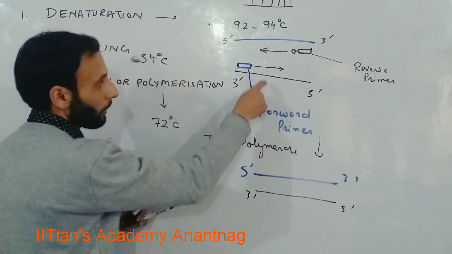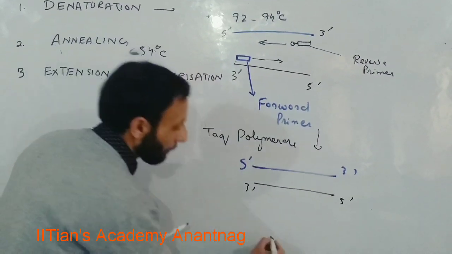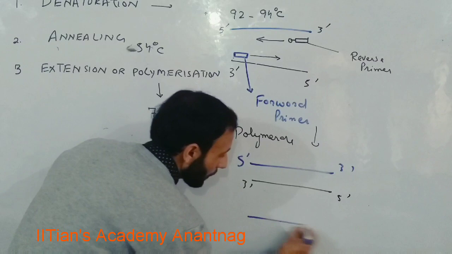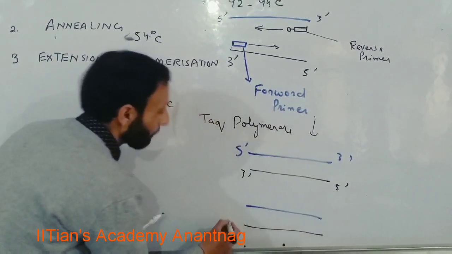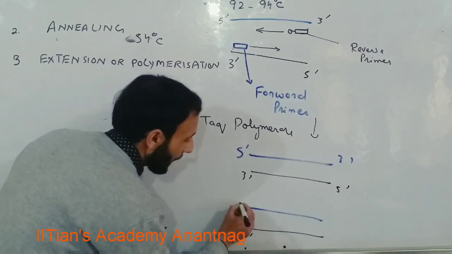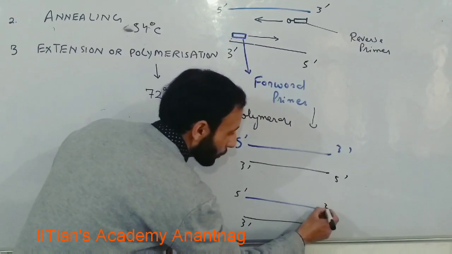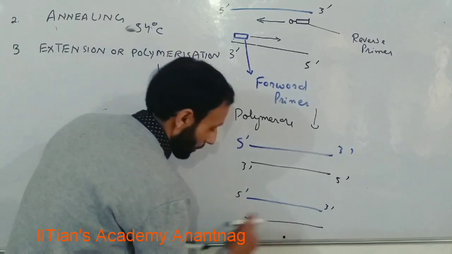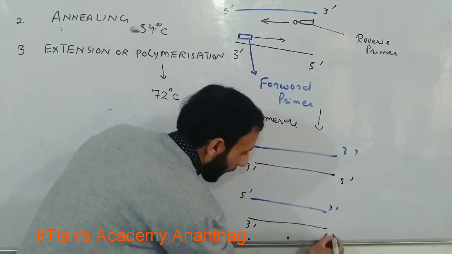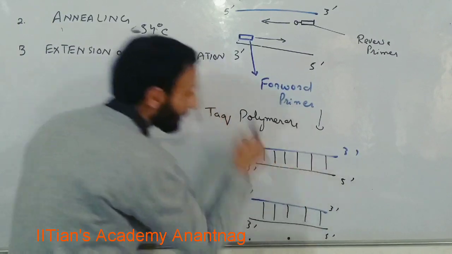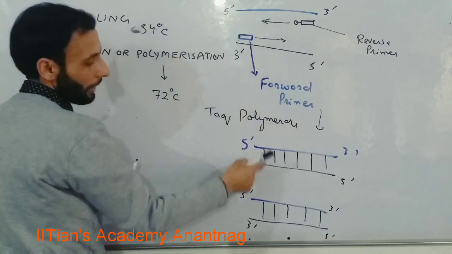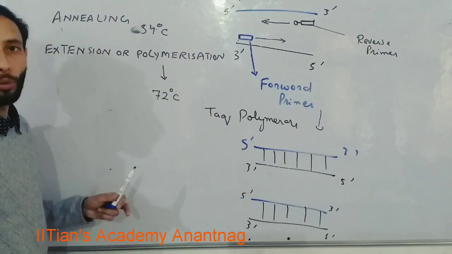In the next one, again we have two strands: this is the newly synthesized strand, and this is the parent strand. The newly synthesized strand will have an orientation of 5' to 3' in this case, and the parent strand will have an orientation of 3' to 5'. So at the end of one cycle, from one molecule of DNA, we have obtained two molecules of DNA.